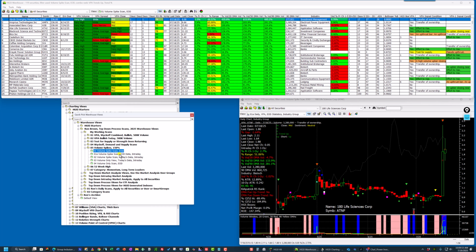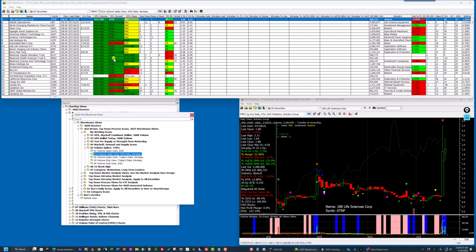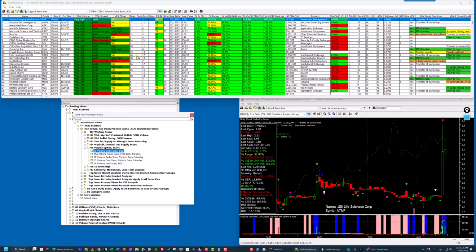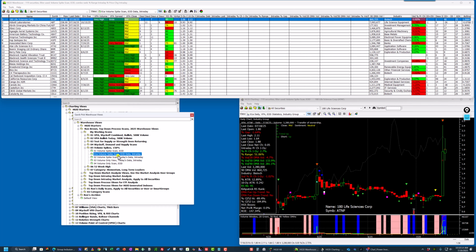This is end of day data. You can see it's 119 stocks. The intraday will be the same 119 stocks, but it'll be on Monday. This will be working on Monday, tracking to see what these stocks, which appeared on Friday, do on Monday.